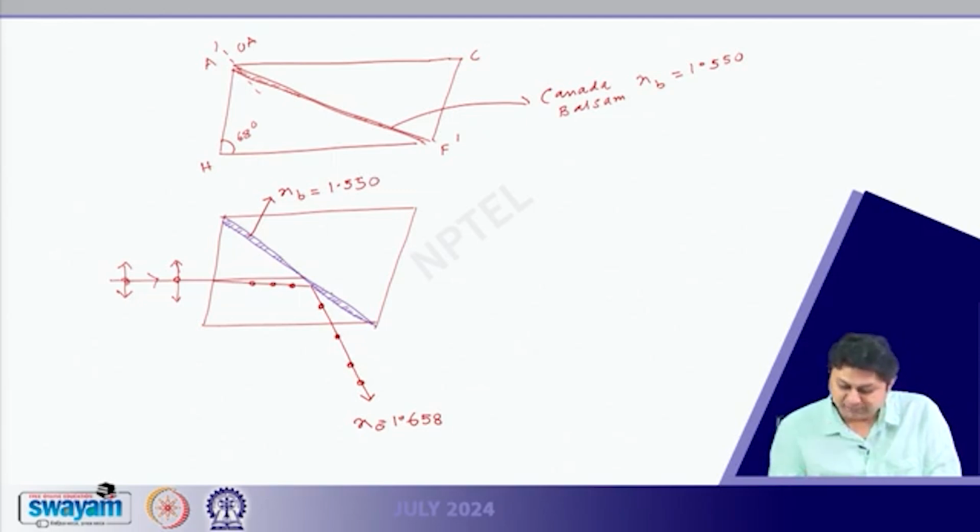So, there will be a total internal reflection from this point for the ordinary ray.